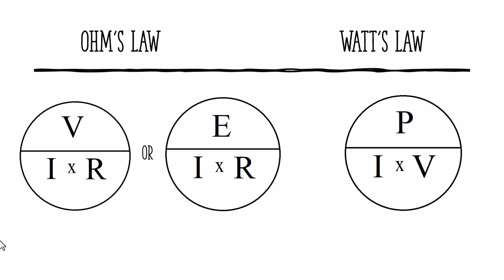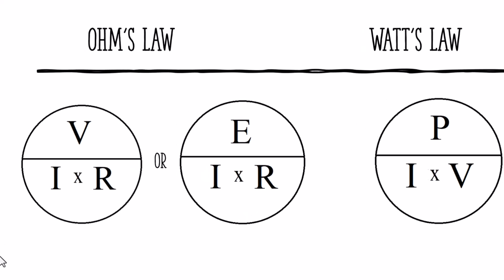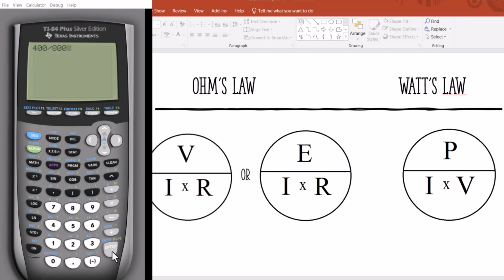Watt's law is about power. Power is current times voltage. So it's P over I times V. So to solve this problem, you know you've got 400 volts DC and an 800 ohm load. So you can solve for current using Ohm's law. You'd take 400 divided by 800. On the calculator, 400 divided by 800, you probably don't need a calculator. I set my calculator in engineering mode.